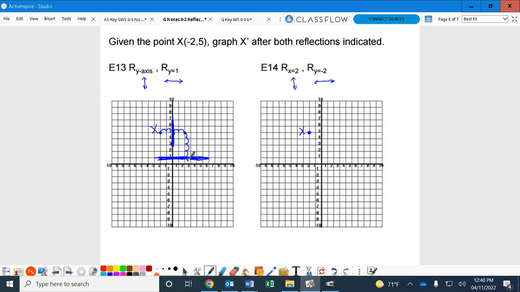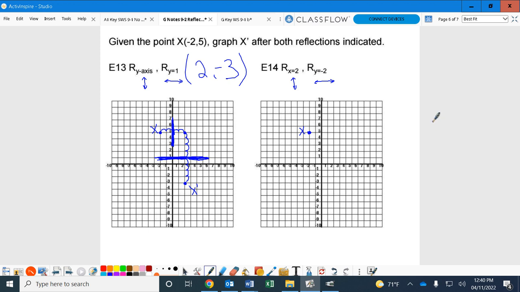So I've got to go 1, 2, 3, 4 to put my new point. This is my actual destination. That's my X prime. That's where I'm trying to get to. And that's the ordered pair that you have to name for me. What ordered pair would that be if I go to the right and down? 2, -3. Nicely done. 2, -3.